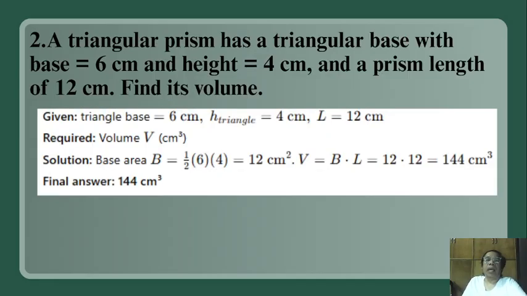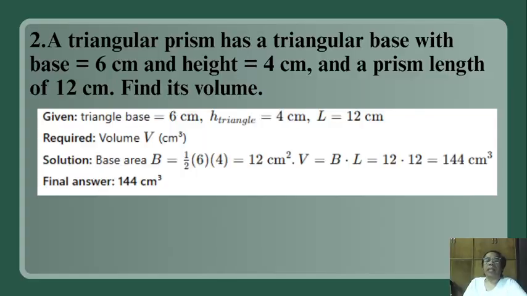Number 2. A triangular prism has a triangular base with base 6 centimeters and height 4 centimeters and a prism length of 12 centimeters. Find its volume.